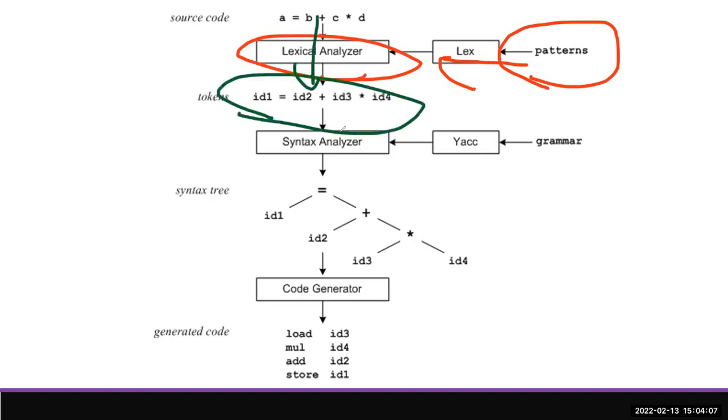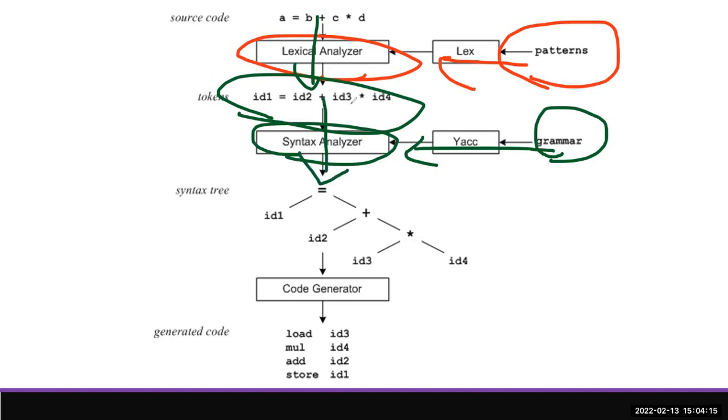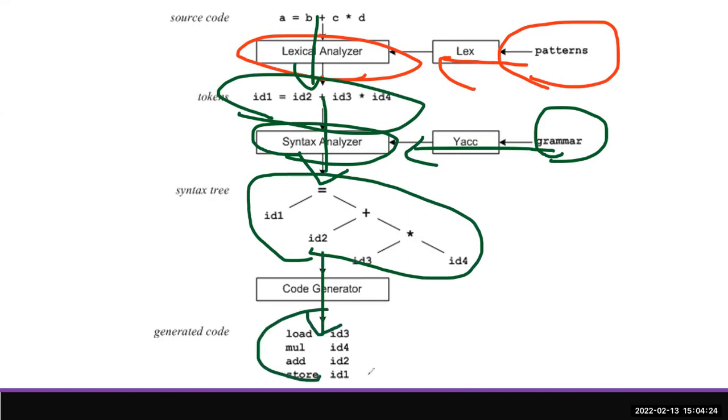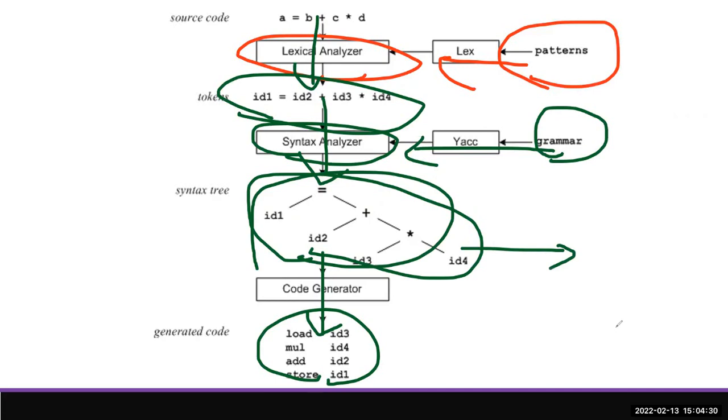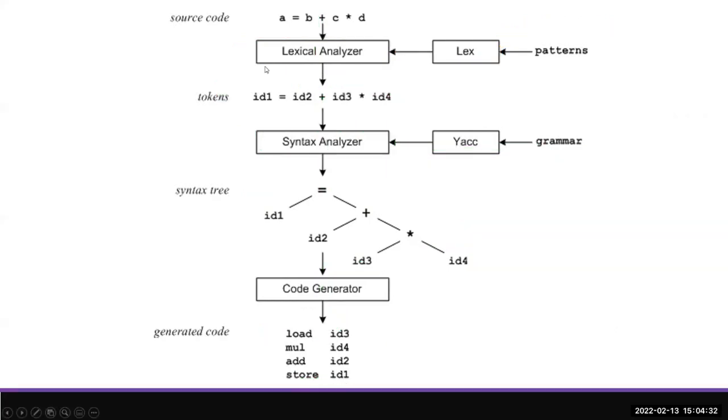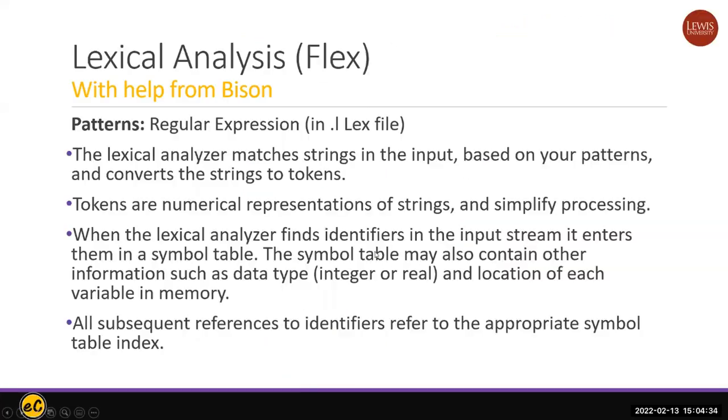Based on a context-free grammar, you generate a parser, and the tokens are used to build a syntax tree. This syntax tree can be used to generate assembly code or executable code, or be evaluated for a result using an interpreter. So this is the structure.